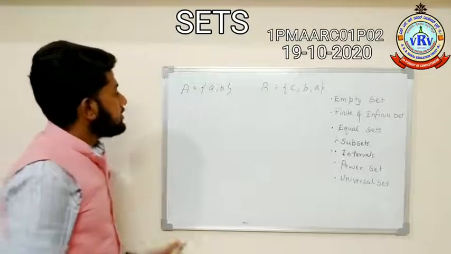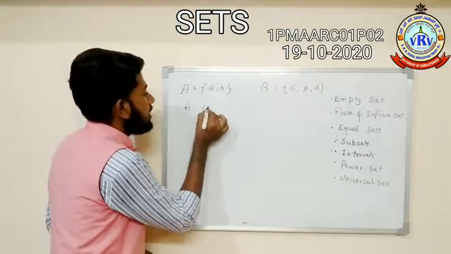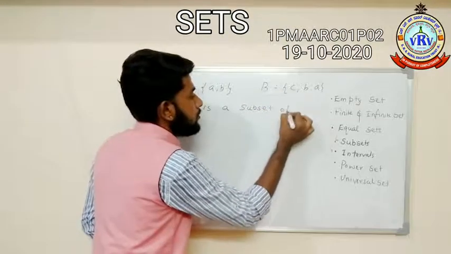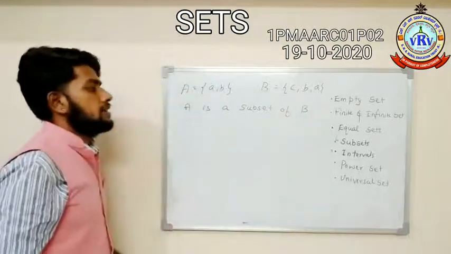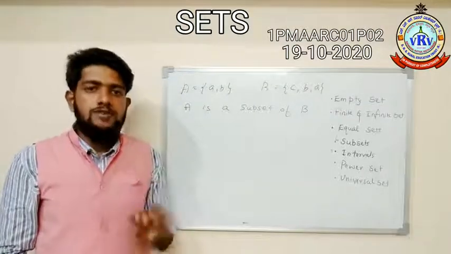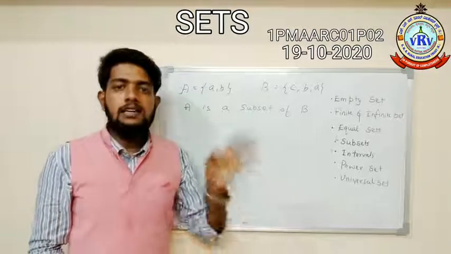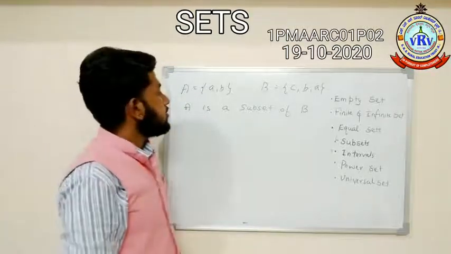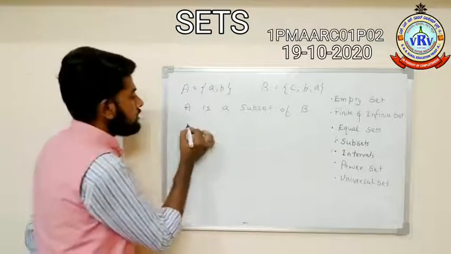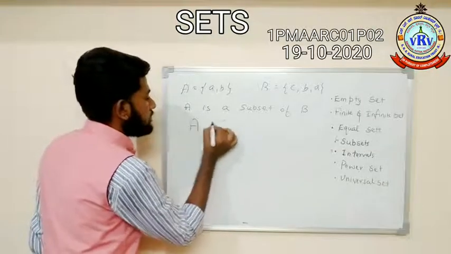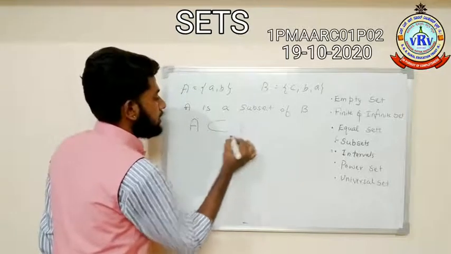Then I can tell A is a subset of B. Clear? If every element in the set A is there in the set B, then A is a subset of B.